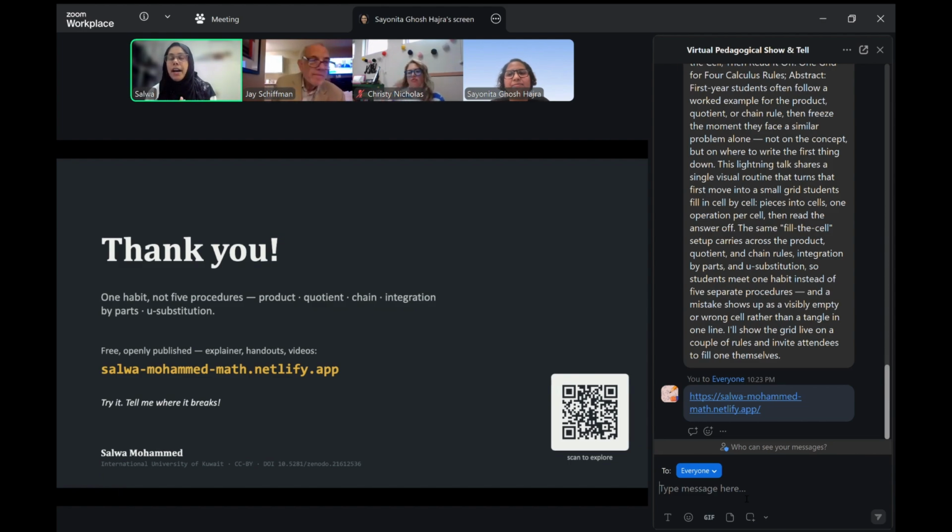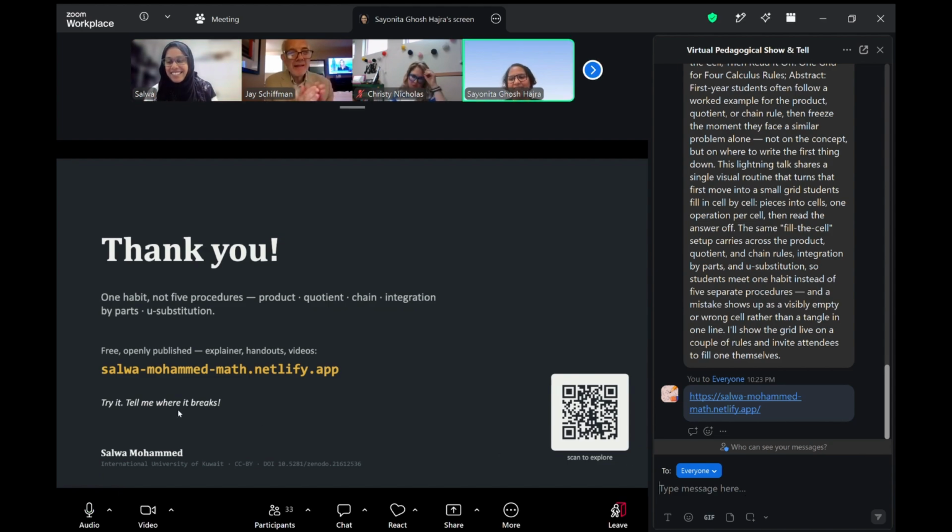I've had this for 6 years now, and I have my own feedback from whatever the students were telling me, but I haven't heard from more calculus teachers to see where this really breaks. Is just drawing a grid too much work? Is it extra? Is it a tool that works for some of those days? We don't know yet. So that's a mystery for me to find out. Thank you so much. Thank you, Salwa. Questions for Salwa?